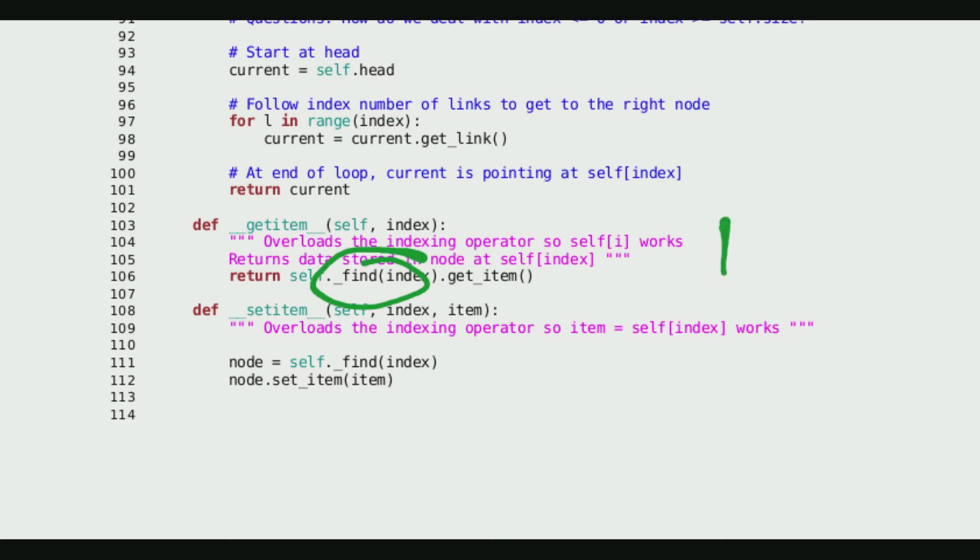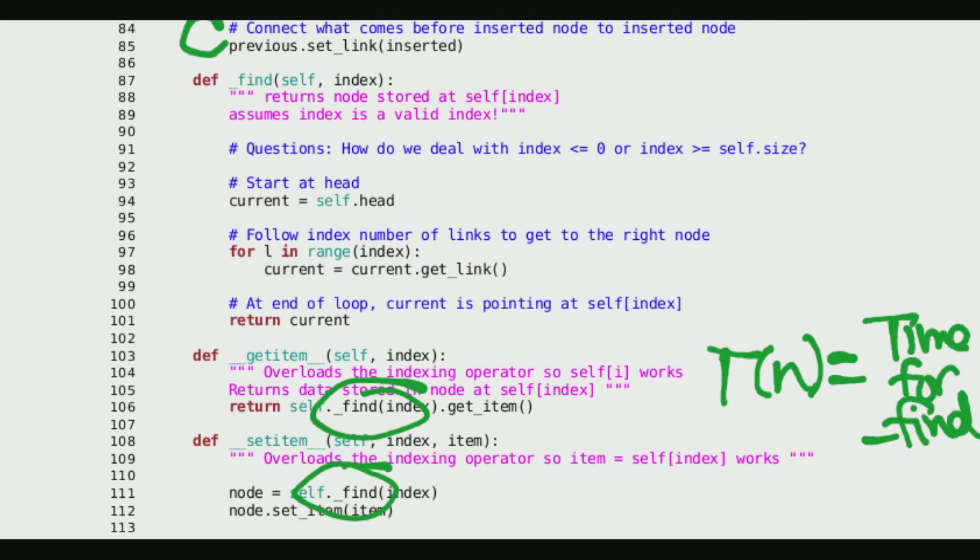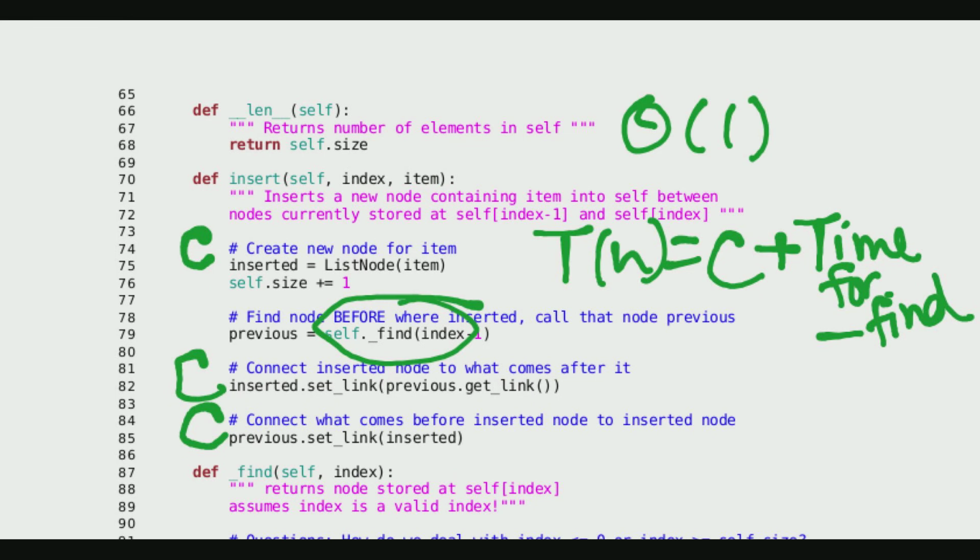So again, our time to get item in a linked list is going to be the same as the time for underscore find. So again, as soon as we know what the analysis of underscore find is, we'll know how long get item takes. We'll know how long set item takes, and we'll know how long insert takes.